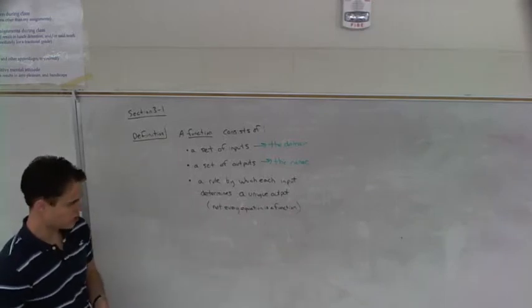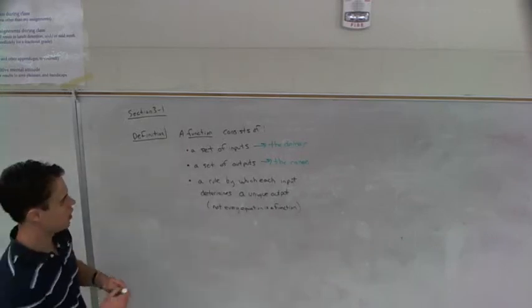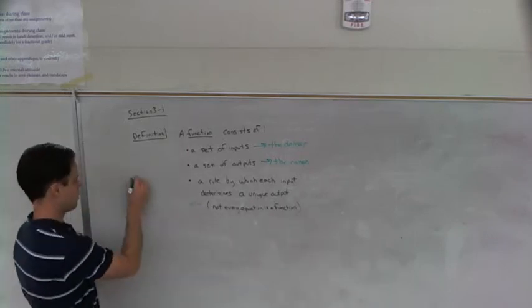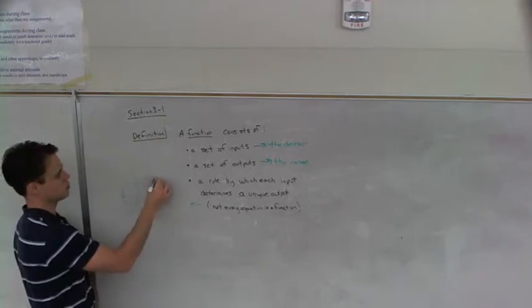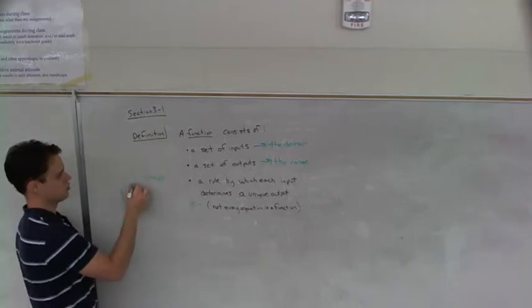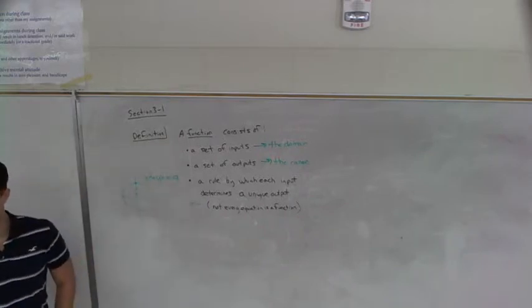So what are some ways that you learned to determine whether it was a function or not? If you have something like a circle, there's an equation for a circle. It's like x squared plus y squared equals 9, if the radius is 3. Is that a function?